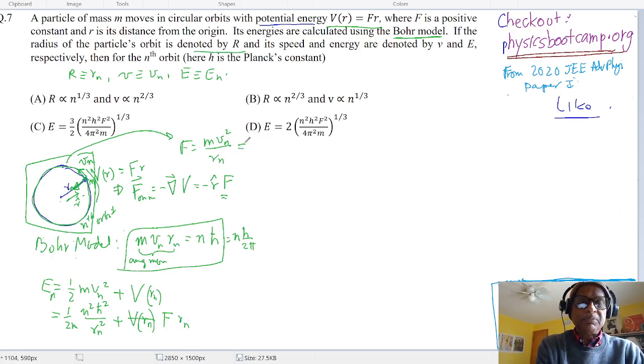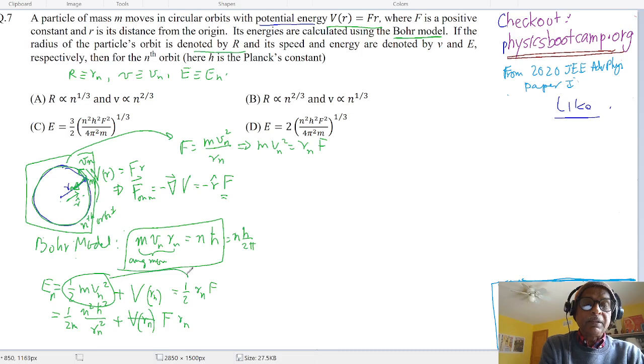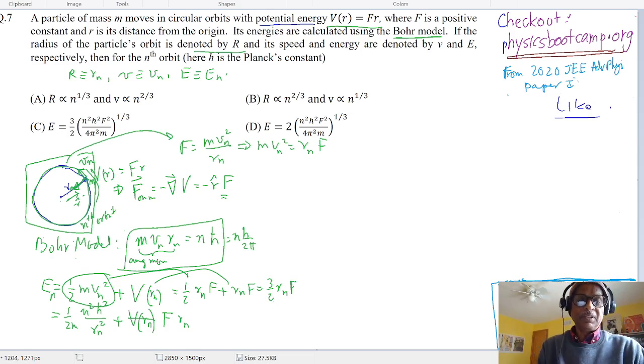That just means m vn square equals Rn times F. Over here I could have written half Rn F for the kinetic part, and the potential part will be plus Rn F. So this is 3/2 Rn F, and the energy is useful when we write it like this.